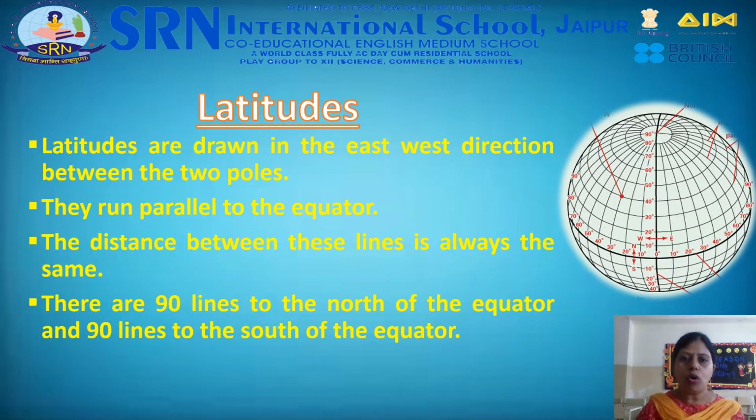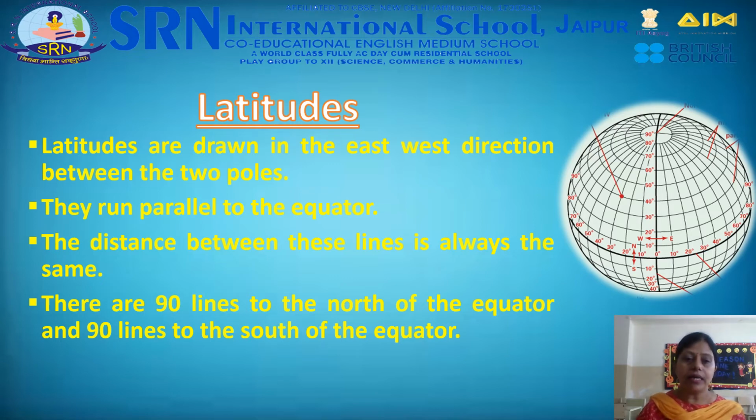The latitude of the equator is supposed to be 0 degree, while that of the North Pole is 90 degree north and the South Pole is 90 degree south. The parallels of latitude to the north of the equator are known as north latitudes, and those to the south of the equator are known as south latitudes.